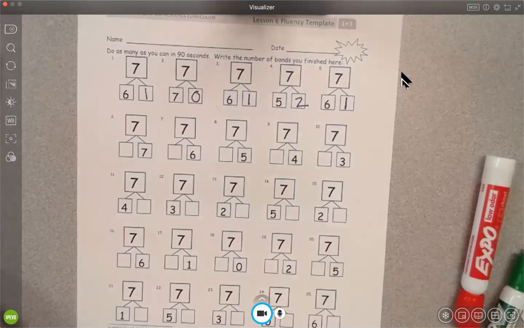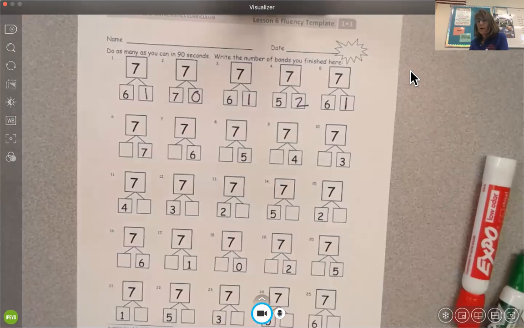Keep going. You got 30 more seconds. And we're going to put our pencil down in 3, 2, 1.